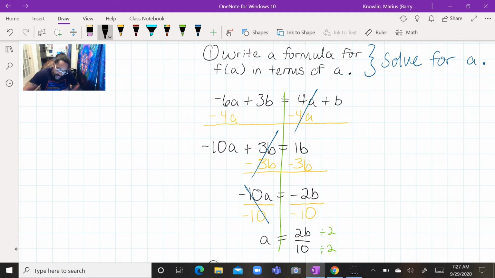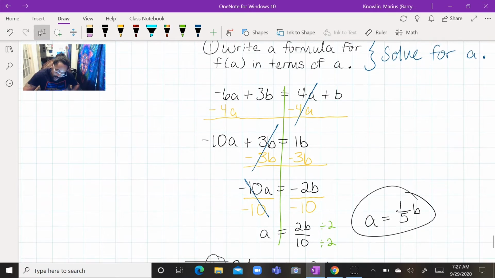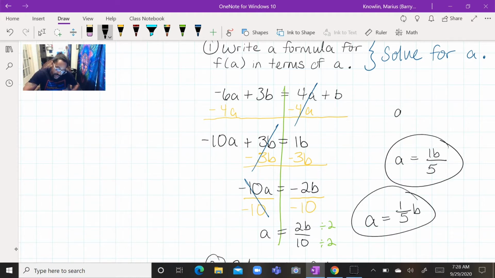So a is really equal to 1/5 b. That's one way of writing it. Or you may see somebody write it as a equals 1b divided by 5. Or you could write it as a equals b divided by 5. All those represent the same thing.